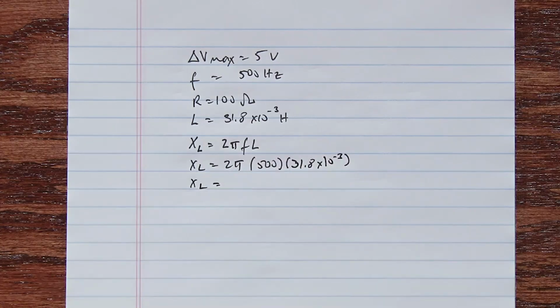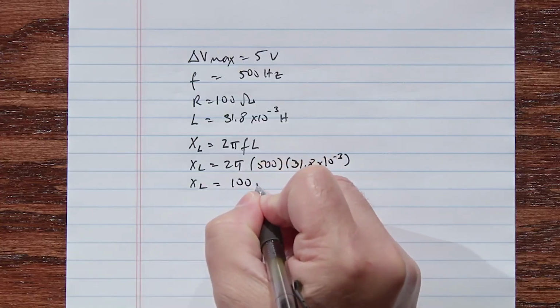I said that that should come out to be 100. That was my intention. Let's see, 2 times pi times 500 times 31.8 times 10 to the minus 3 is in fact 100 ohms.